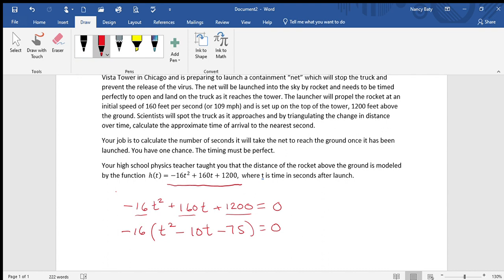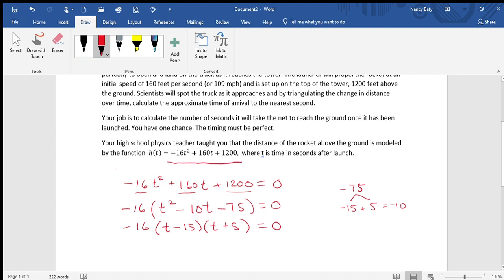So we have negative 16 times that quadratic, and since negative 75 is equal to negative 15 times 5, and negative 15 plus 5 is negative 10, we can use our product-sum technique to factor this quadratic into negative 16, open parenthesis, t minus 15, close parenthesis, open parenthesis, t plus 5, close parenthesis, equals 0.